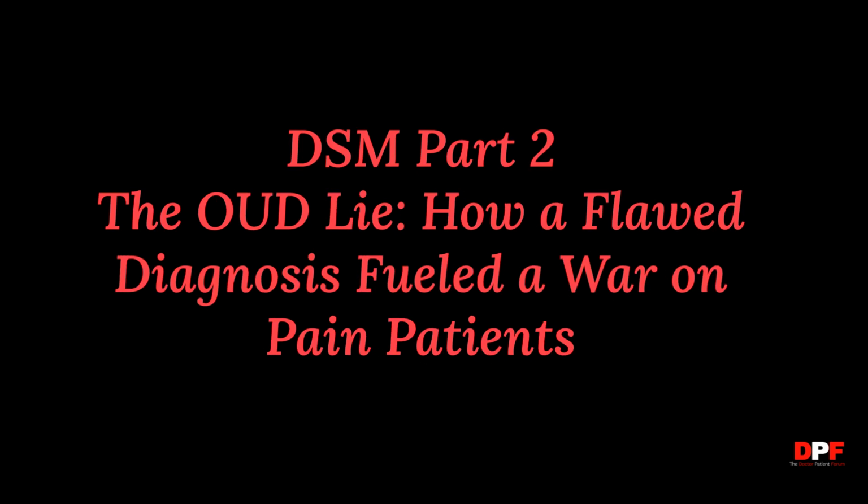In part 2, we followed that fallout. We showed how those same corrupted definitions were baked straight into national surveys like NSDUH, inflating statistics by pretending Suboxone was a misused painkiller, ignoring the tidal wave of illicit fentanyl deaths, and turning the story of responsible pain care into a convenient political scapegoat. We also showed how the DSM changes weren't just sloppy.